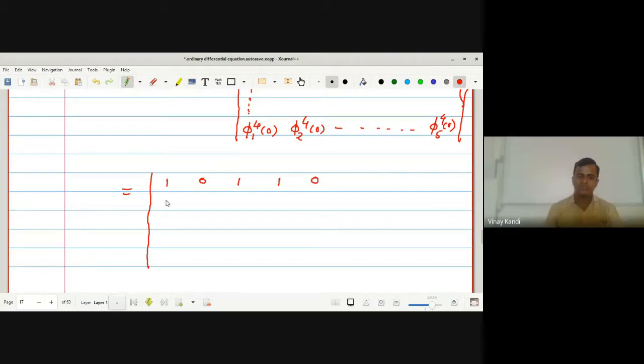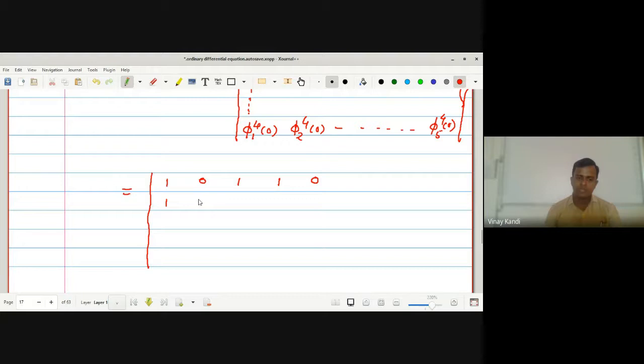आता e raised to x चा first derivative घेणार, e raised to x, त्यामुळे हा तसंच येणार. ओके. x into e raised to x चा first derivative काय येतो? 1 plus x into e raised to x. ओके. Put x is equal to 0. ओके.